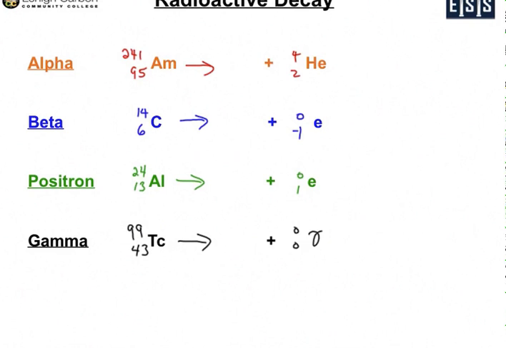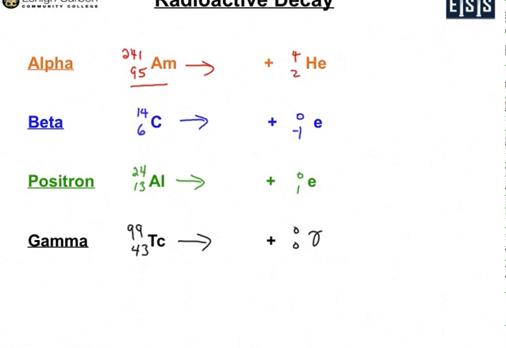So now let's review the 4 different types of decays under nuclear reactions here. In an alpha decay, we're going to use americium. We're starting with this radioactive compound, americium, an unstable nucleus. It has a 241 mass number and a 95 atomic number.